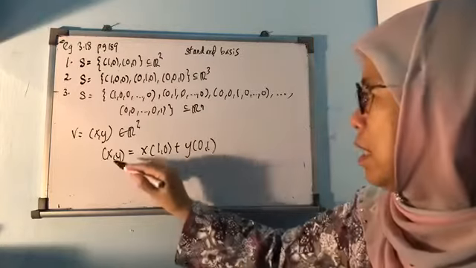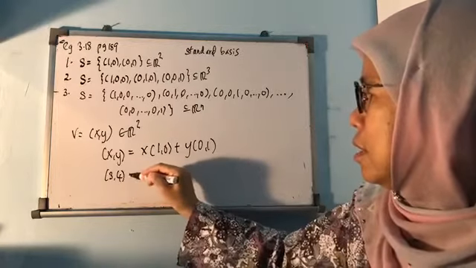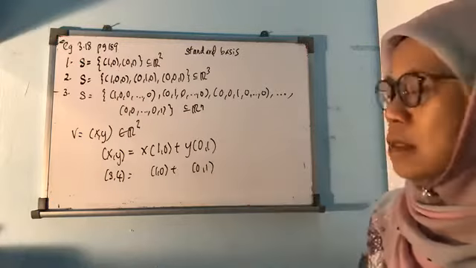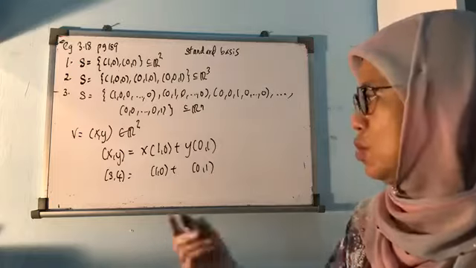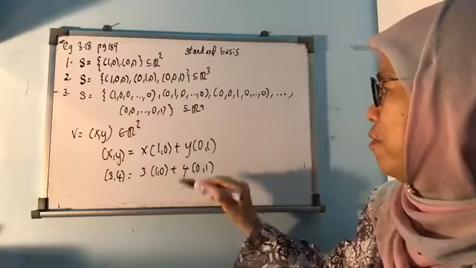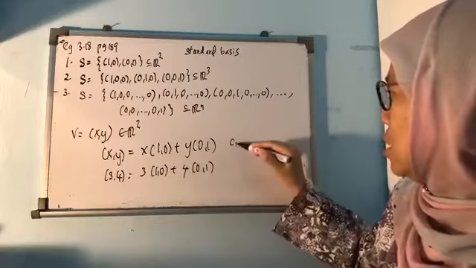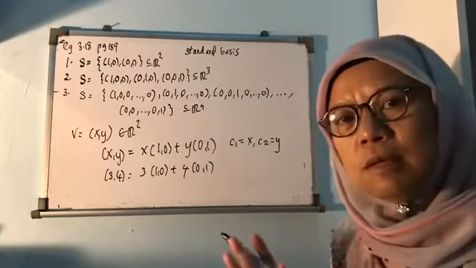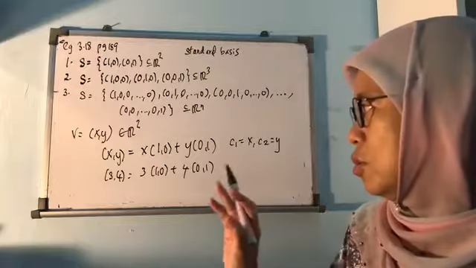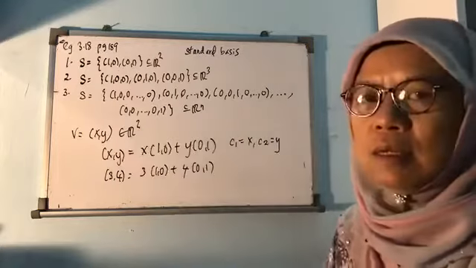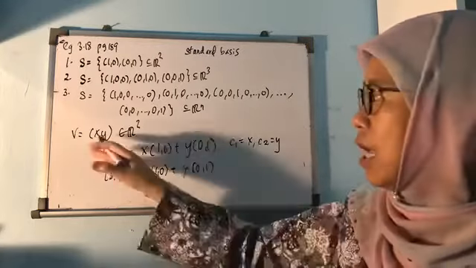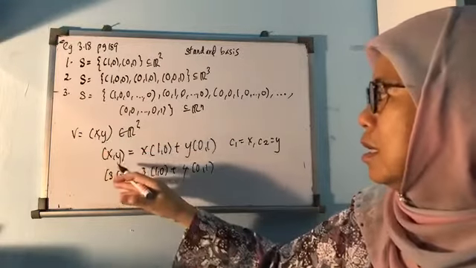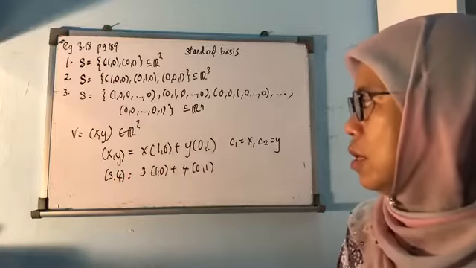So give me like (3, 4). Can (3, 4) be written as a linear combination of this? Find C1, C2. You can just put 3 here, 4 here. So in this case, your C1 is x, your C2 is y in the linear combination. So that is why it spans R2, because any V in R2 written as (x, y) is a linear combination of (1, 0) and (0, 1).